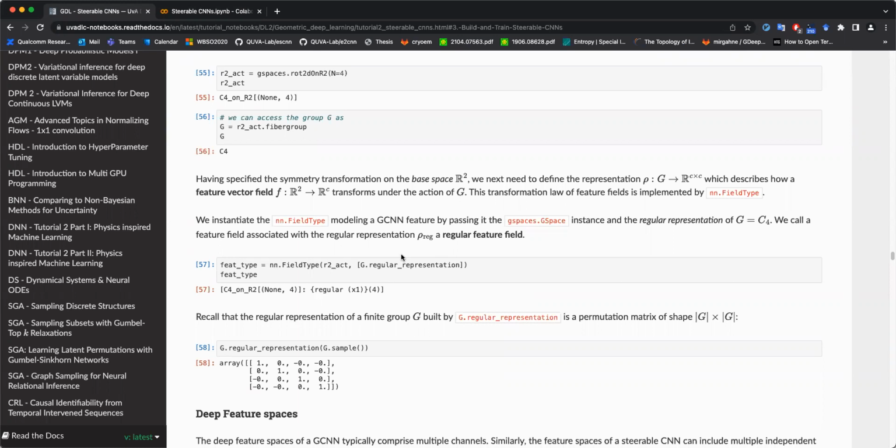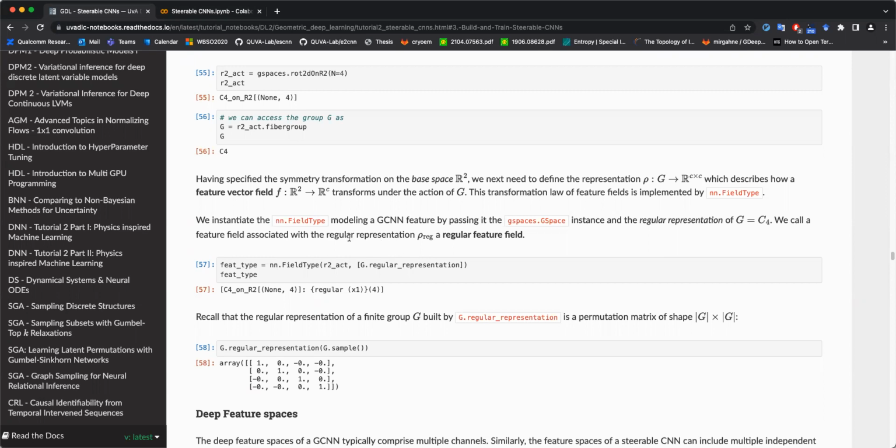So in connecting to what we said before, a tensor is just a vector in some vector space, but it does not know anything about how the group acts on this vector space. A geometric tensor instead carries some type, which is just basically a way to tell how the group we care about acts on this vector space.